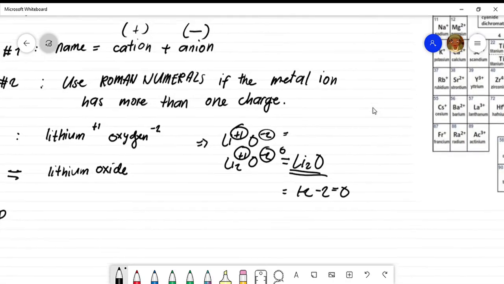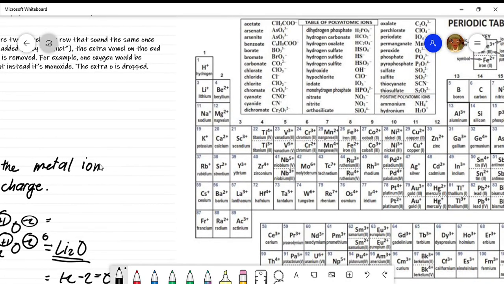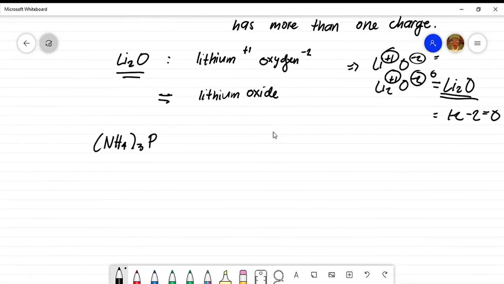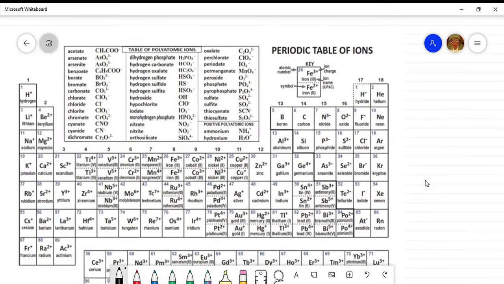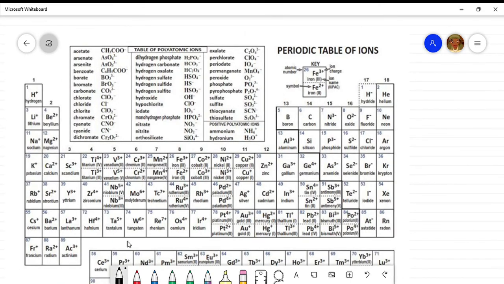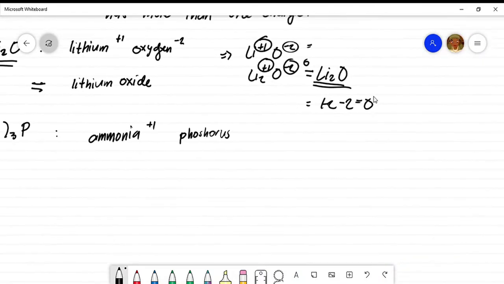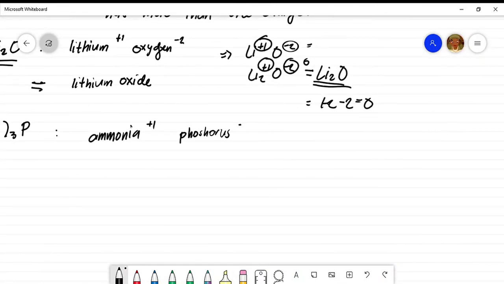In this case, NH4 is ammonium, positively charged +1, and phosphorus is negatively charged, -3. So then we have a cation and an anion.